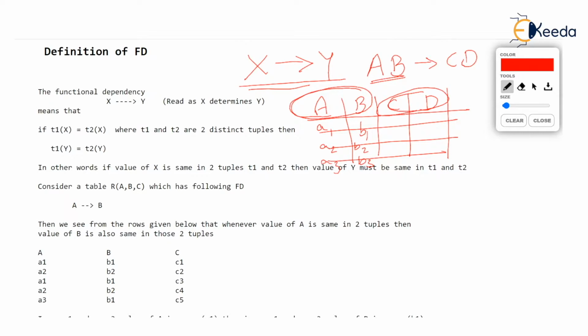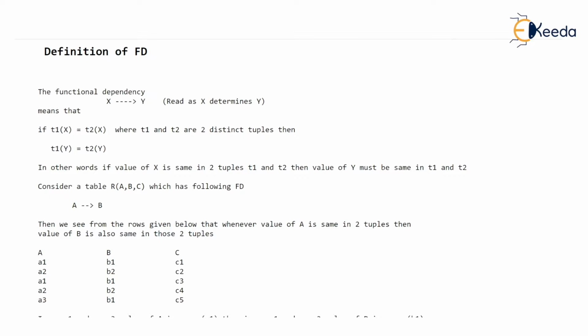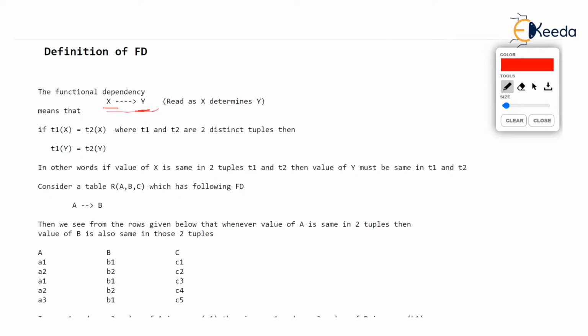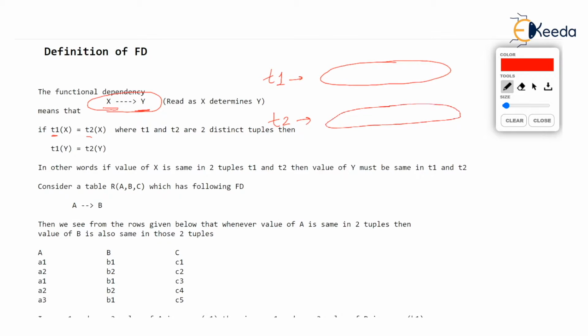Now, what exactly does X determines Y mean? Suppose there exists an FD, X determines Y. Take two different tuples T1 and T2, that is, two rows in your table. In these two tuples, the column X has the same value. Let's say X1 is the value here and X1 is the value here also.